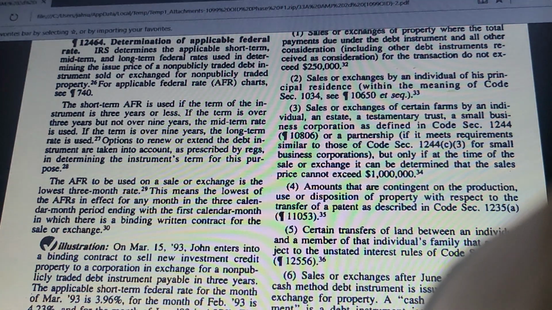This means the lowest of the AFRs in effect for any month in the 3 calendar month period ending with the first calendar month in which there is a binding written contract for the sale or exchange.